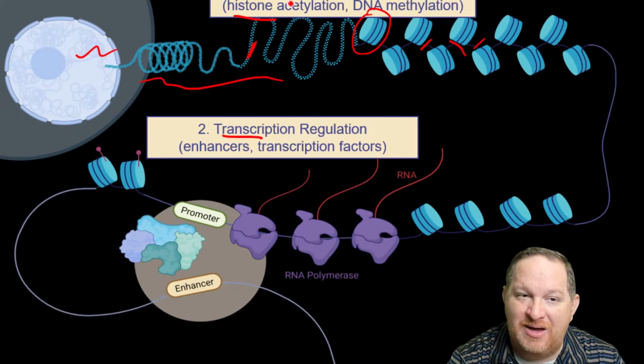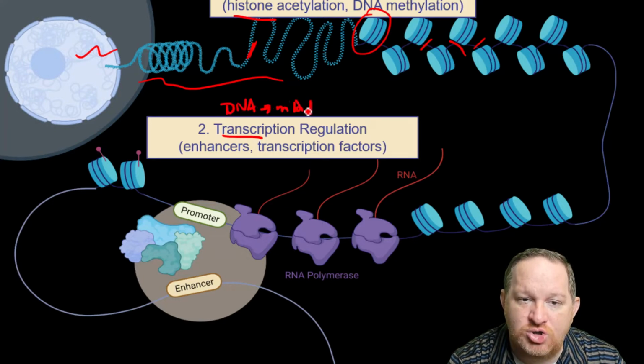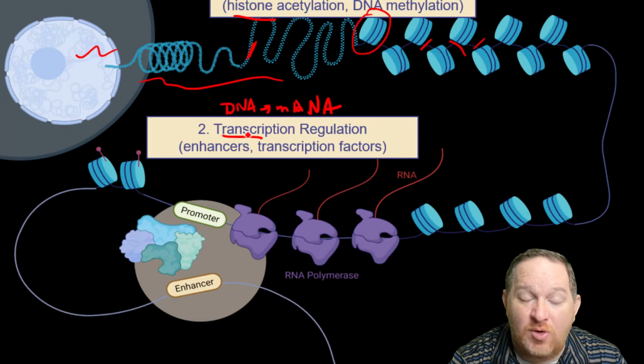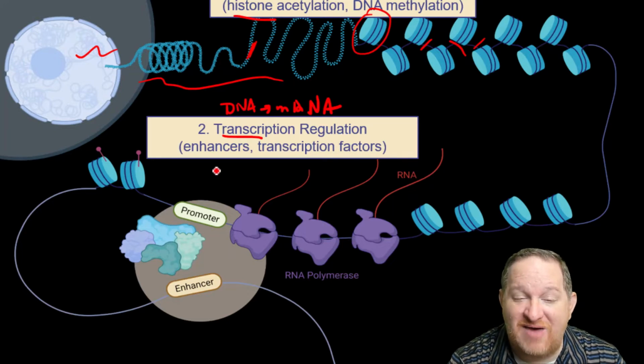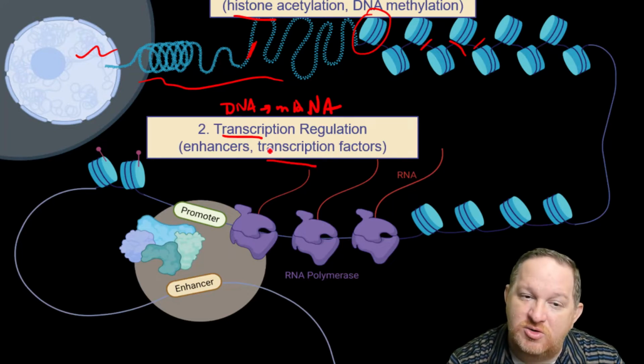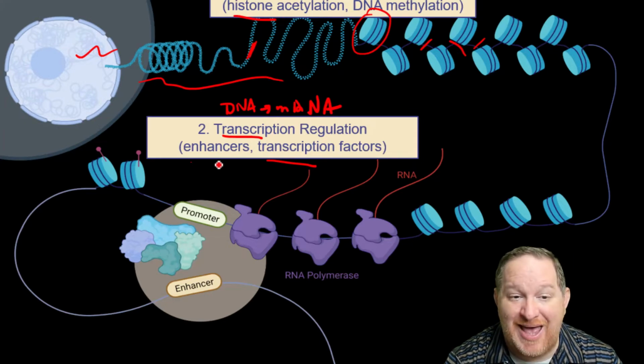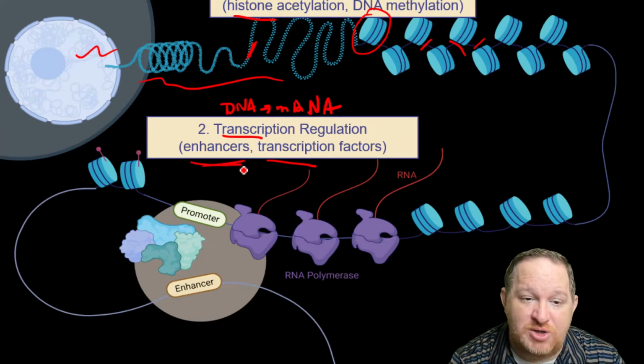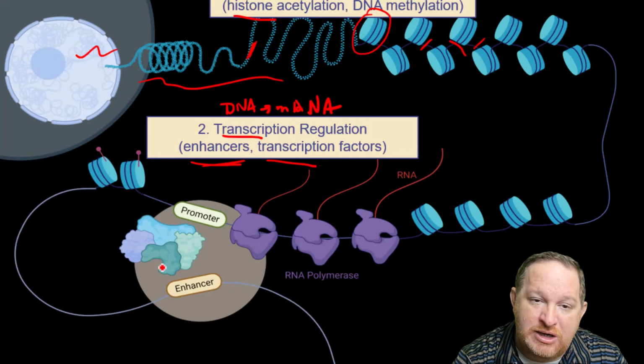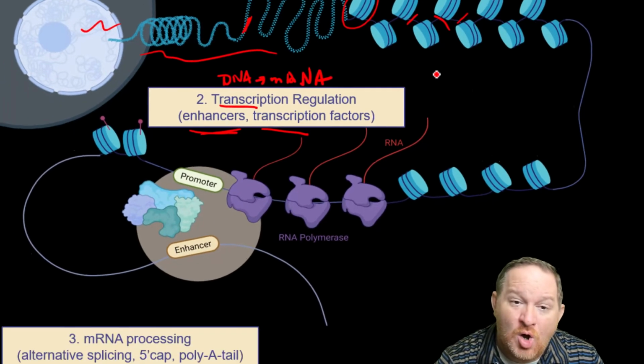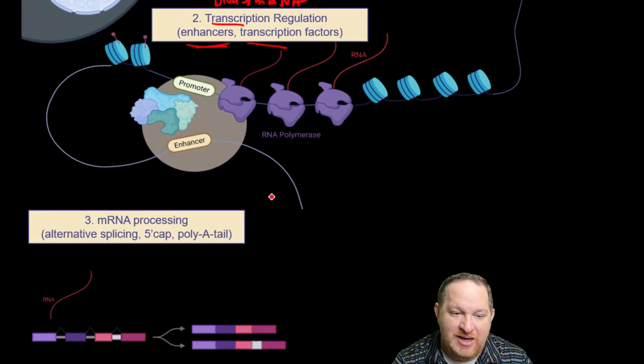So think back, right? DNA going to our messenger RNA is called transcription. And before we can make the RNA, we have to have all these things in place. Some transcription factors to tell transcription to happen, some enhancers to enhance that transcription. All of that you'll sort of see right here. Then, once the messenger RNA has been made, well, we need to process that messenger RNA.